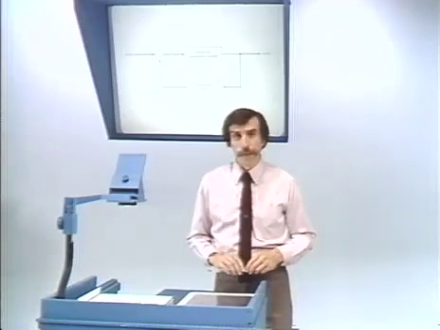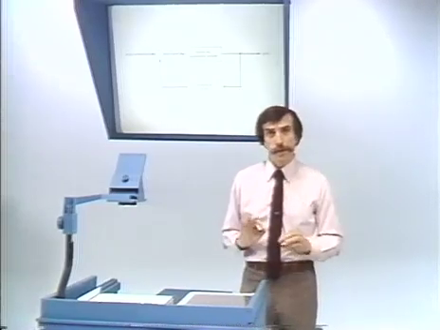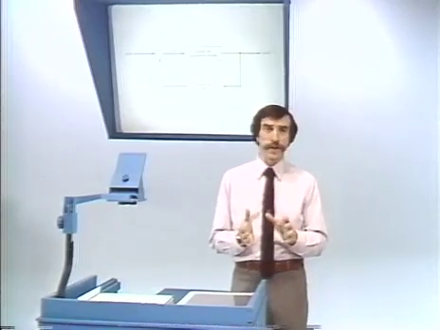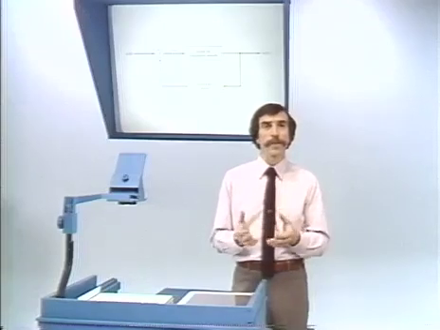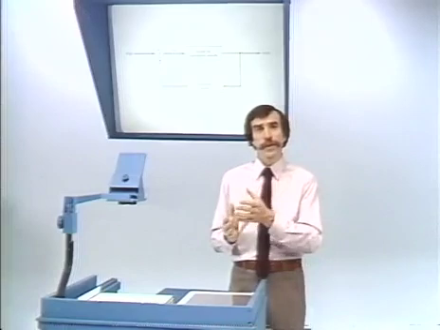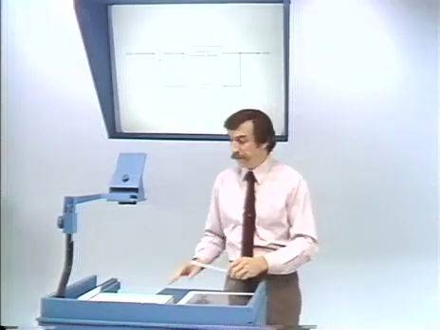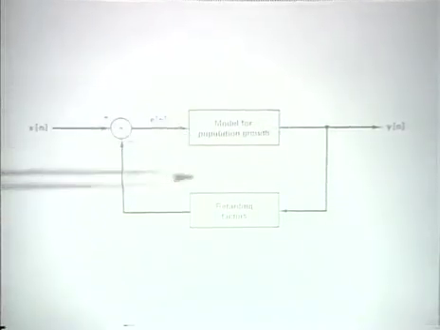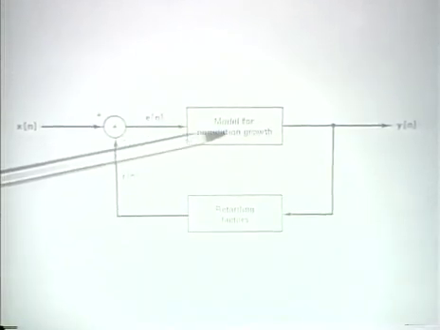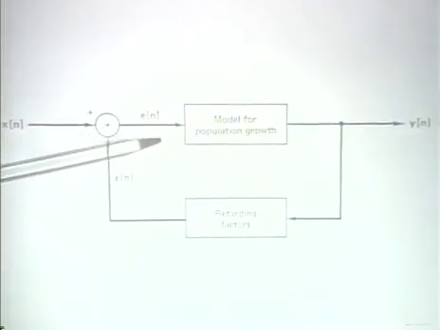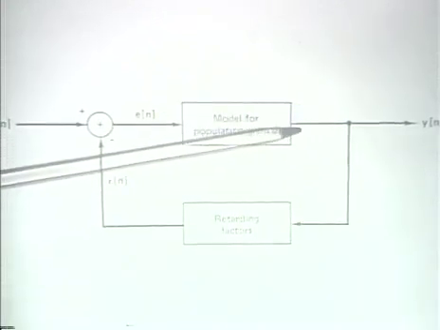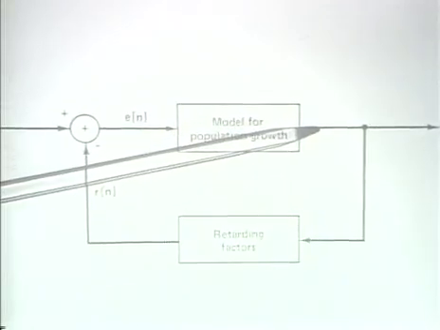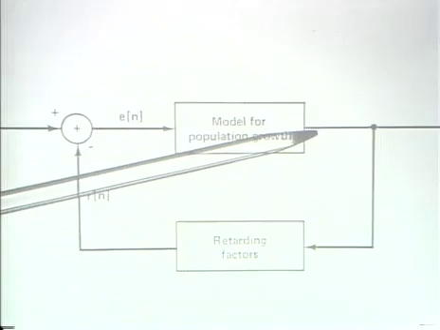This is an example which is also discussed in somewhat more detail in the text. But basically, population studies, for example, represent examples of discrete-time feedback systems, where let's say that we have some type of model for population growth, and since people come in integer amounts, the output of any population model inherently represents a sequence, namely it's indexed on an integer variable.